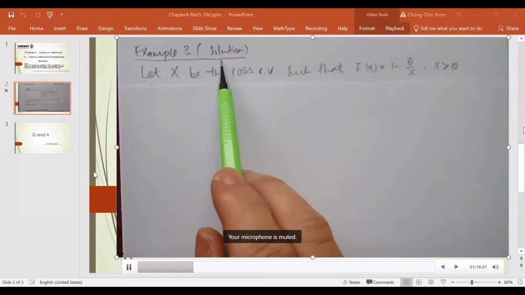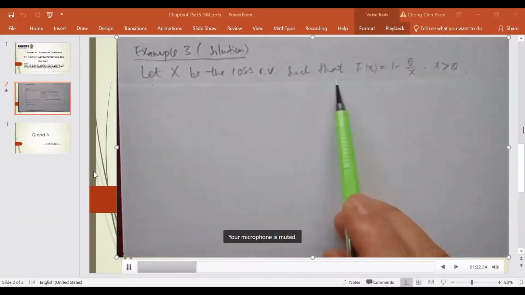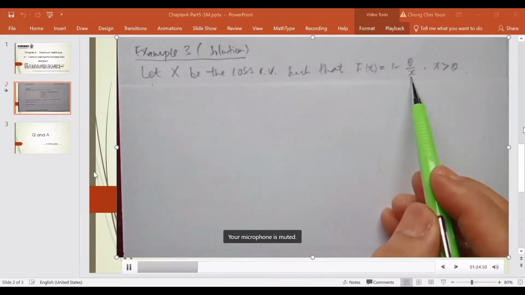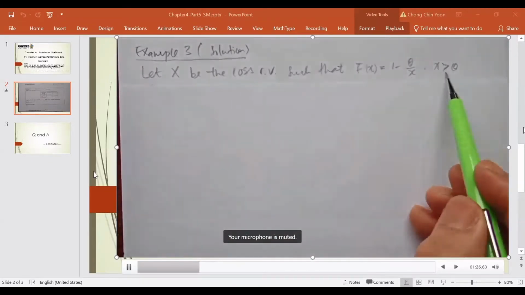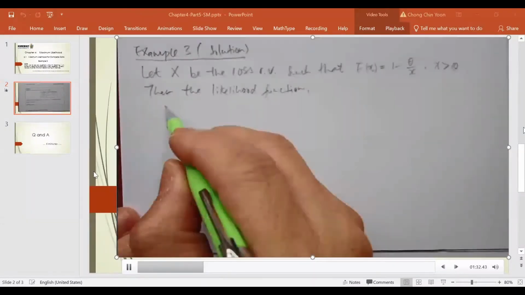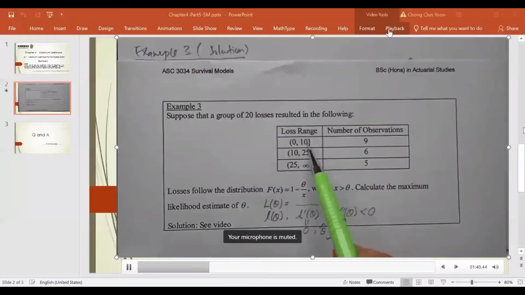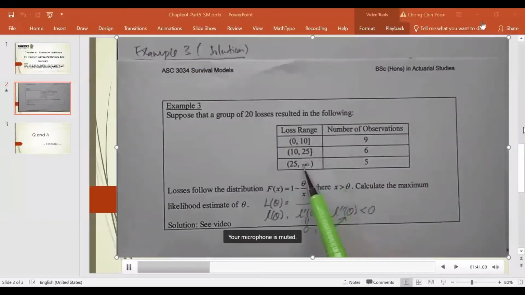Solution for example 3. Let X be the loss random variable such that the CDF is given by this, where X is strictly greater than theta. Then the likelihood function is given by this. So we substitute all the boundary values into the corresponding factors.